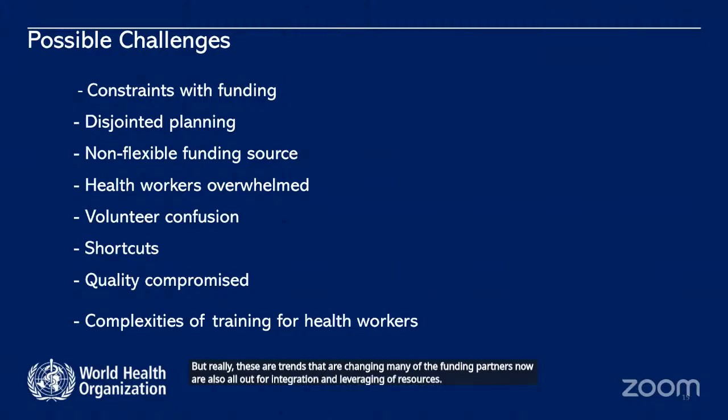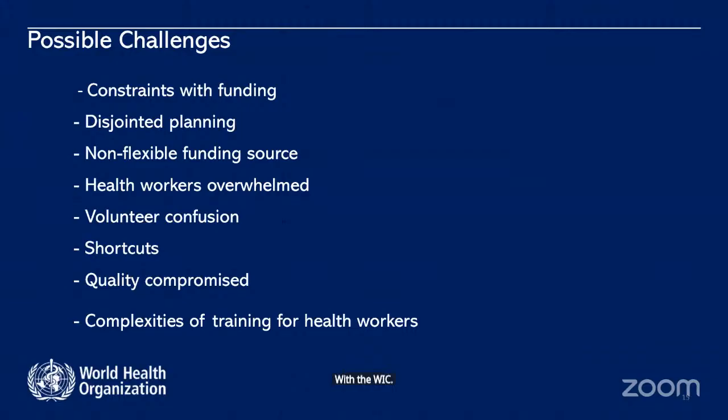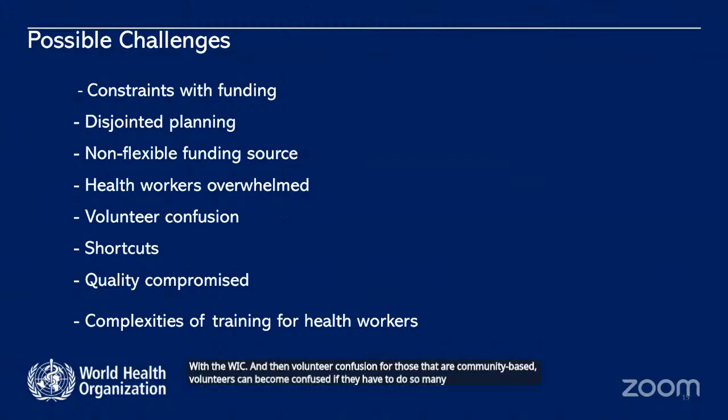Then health workers can be overwhelmed. Sometimes if there are so many things on their hands, they become overwhelmed with the work. And then volunteer confusion. For those that are community-based, volunteers can become confused if they have to do so many interventions at the same time. You do this for that disease, you do this for that disease, they might become confused, particularly if they are of different ages.